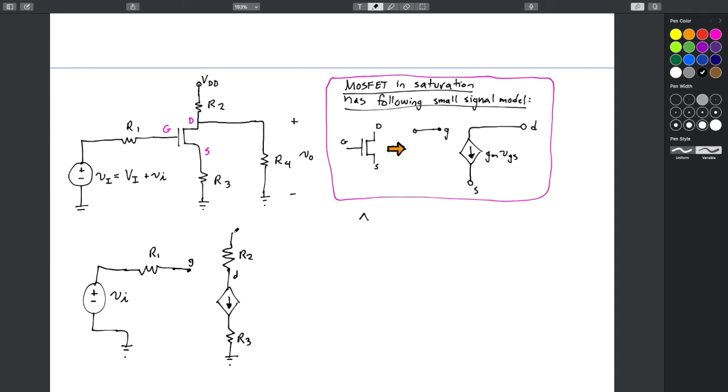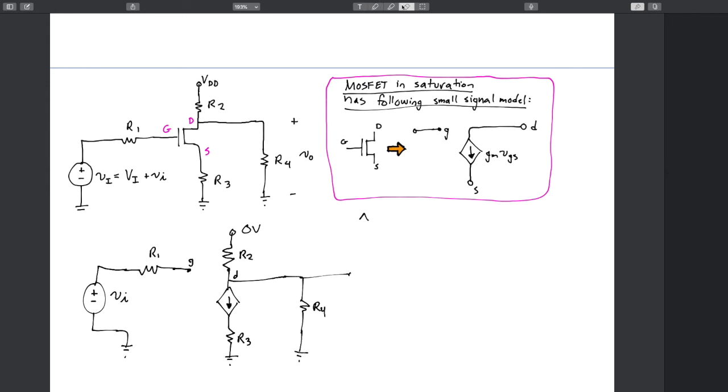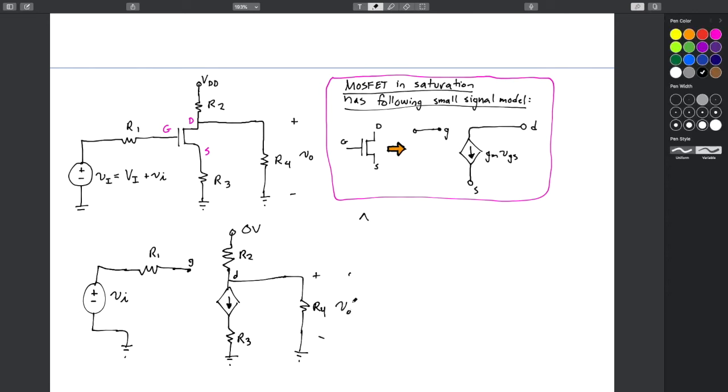So actually, its small signal value is 0. And then let's just trace this one. R4 goes to ground here. Basically, this is still our Vout, little vout.